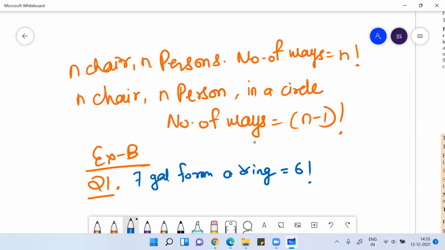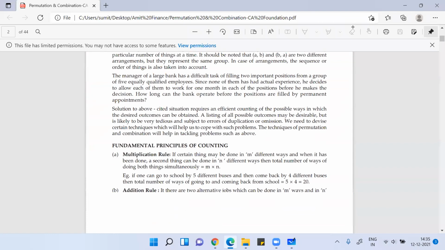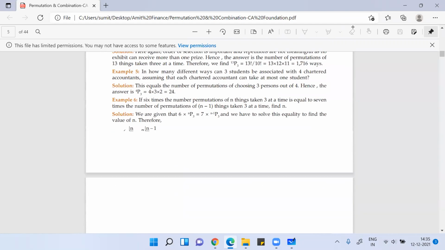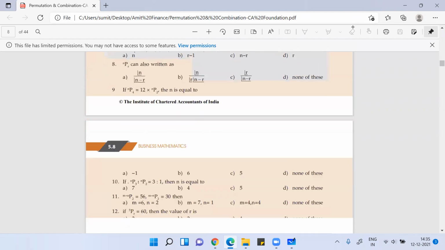In how many ways? 6 factorial, which would be 720. The answer for that would be option C. You are getting it right. So remember this.